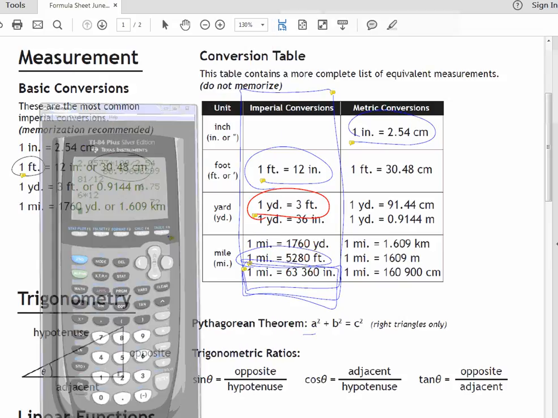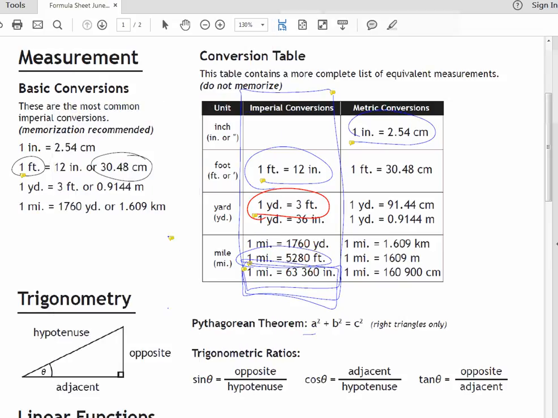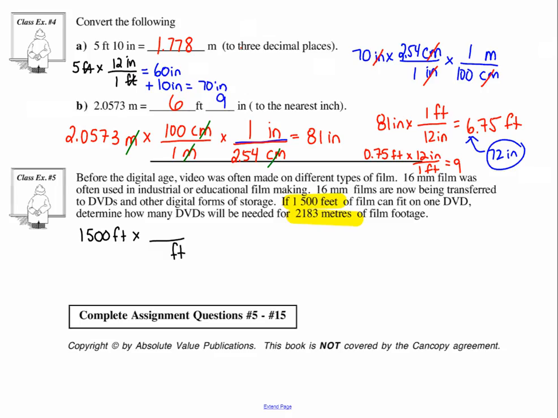Okay, so we have to go feet to centimeters. 1 foot is 30.48 centimeters, I think. Yep, 30.48. And then how many centimeters are in a meter? 100. So that would allow the feet to cancel and the centimeters to cancel. All right, type that in.